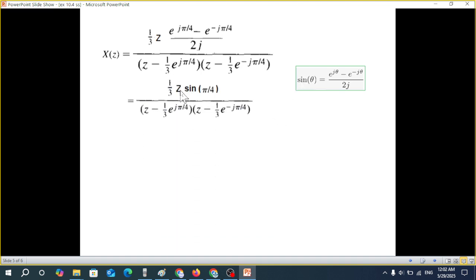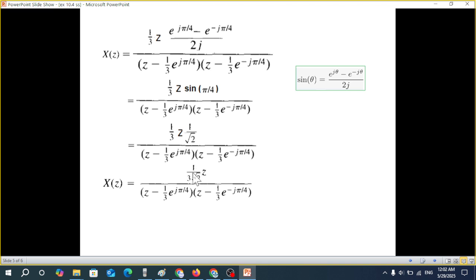It will be 1 over 3 z sine pi by 4, and the denominator remains the same. Now how much is sine pi by 4? I hope you remember, or use your calculator. It is 1 over root 2. Replacing this by 1 over root 2, we get this relation, which can be written as 1 over 3 root 2 z, with the denominator remaining the same.